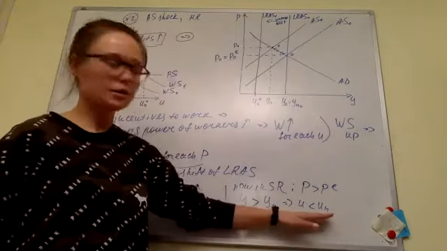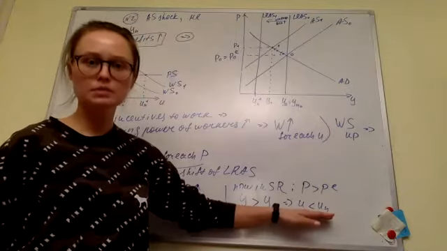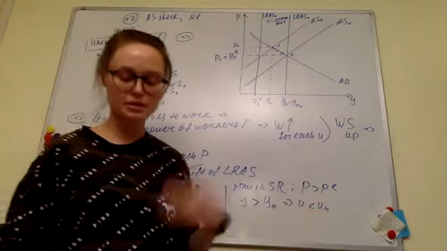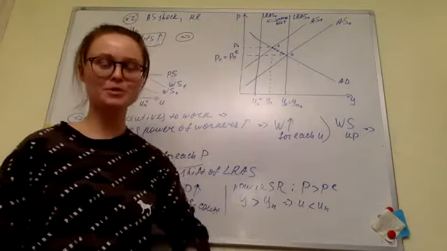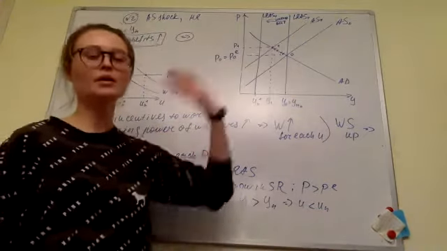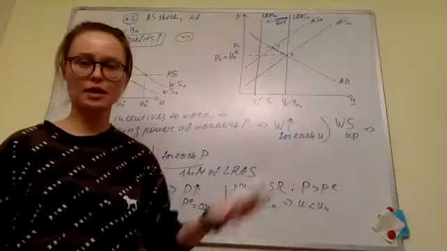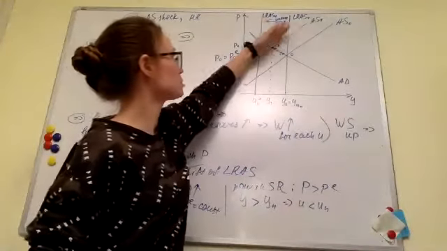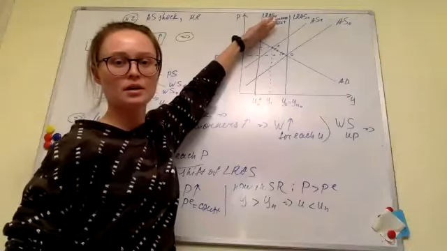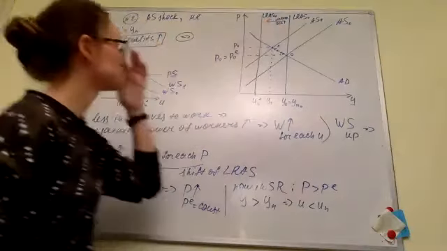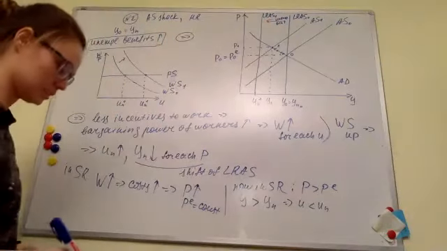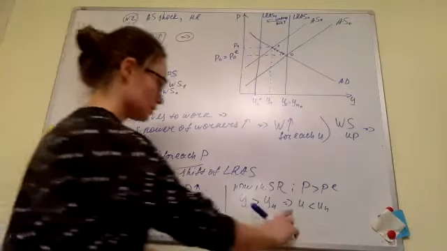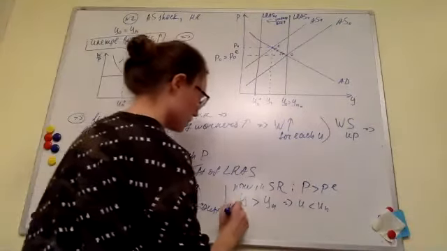So our economy, our production now needs more workers. More workers are needed. So one more time, bargaining power goes up because they ask for higher wages, and we move to the new equilibrium in the long run. Okay, let us write down this. So here we need more workers.